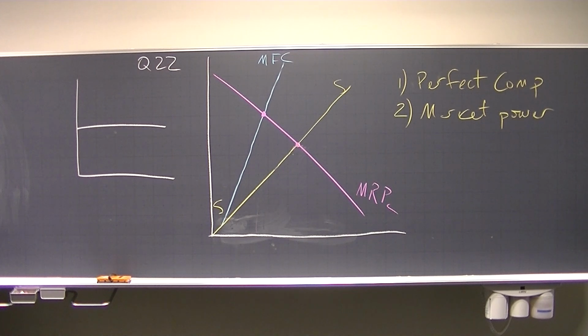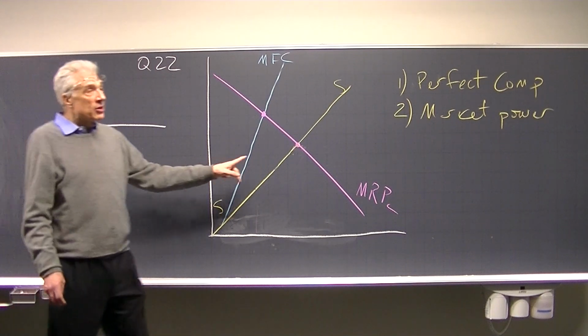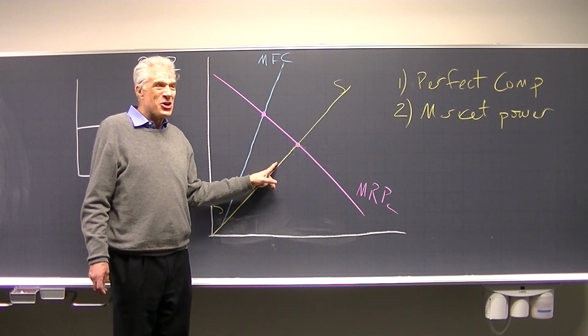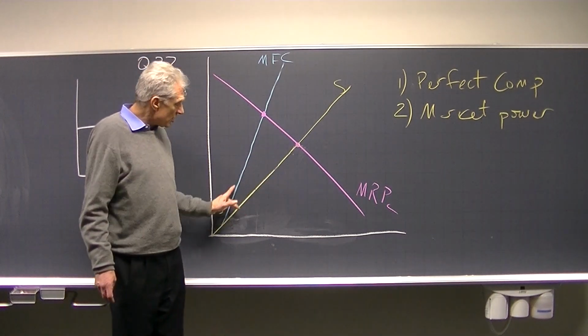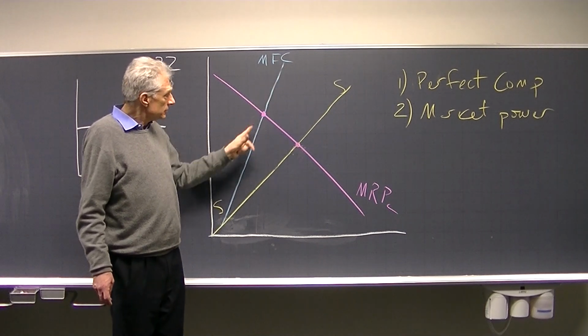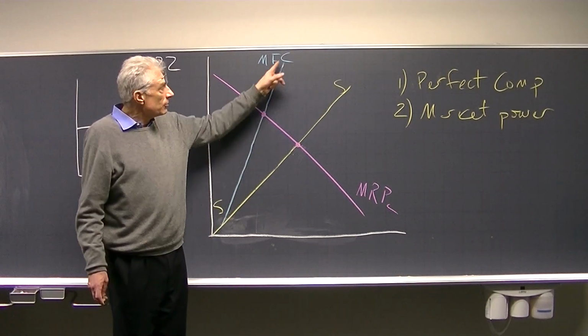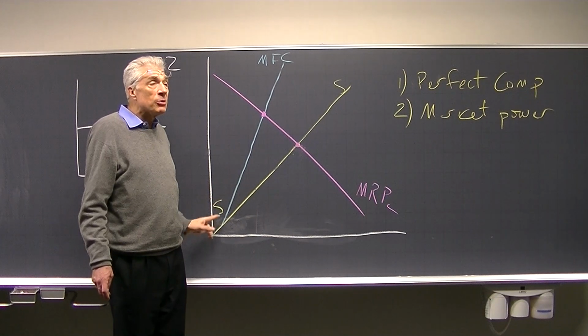They can control their marginal revenue. The firm without market power can't control their marginal revenue. They have no control over it. But the firm with market power can control their marginal revenue. The firm with market power in the input market can control their marginal cost. This is the marginal cost curve that the firm with market power in the input market faces.